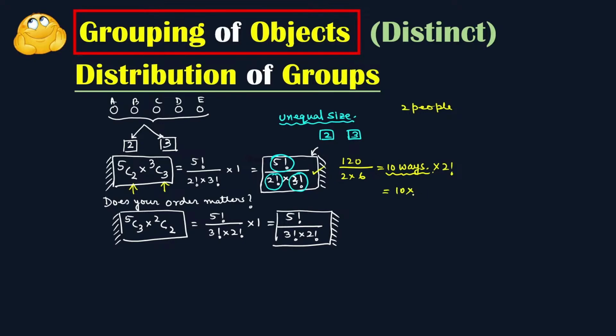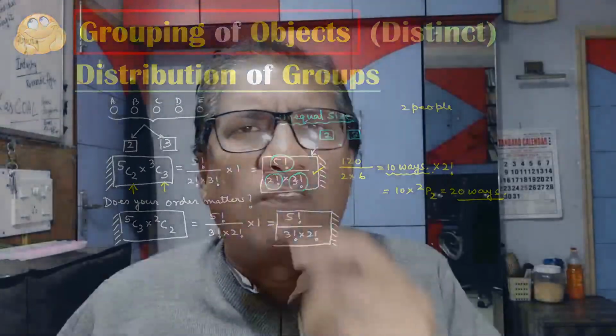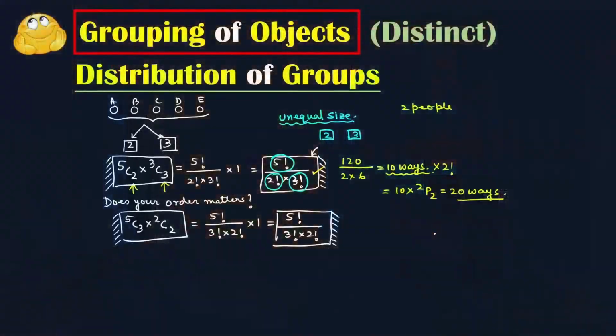So whatever answer we got after this calculation, in this case 10, you simply multiply it with 2p2, which is factorial 2. So that gives us 20 ways. Am I correct or not? So there are 20 ways of distributing these two groups among two people. That's it. Is it clear?